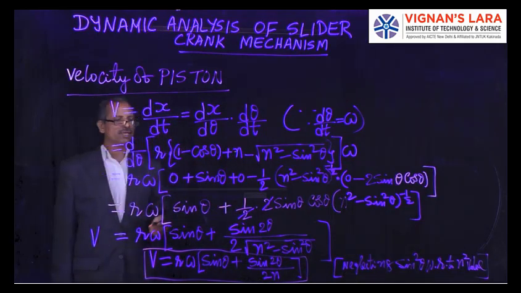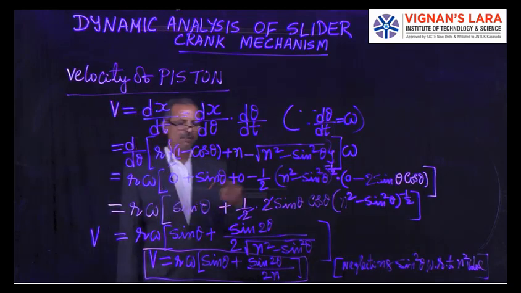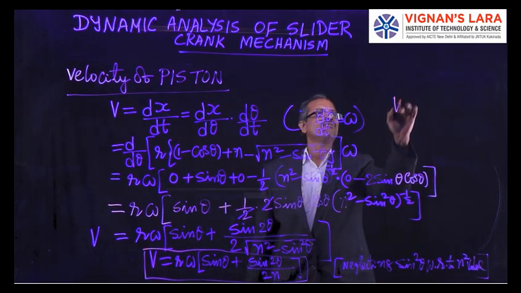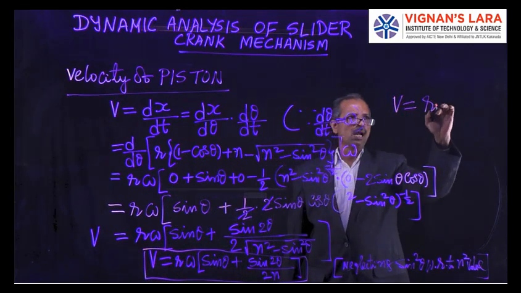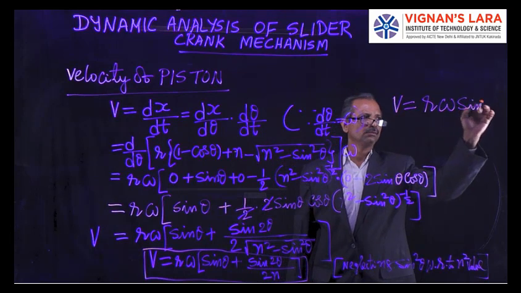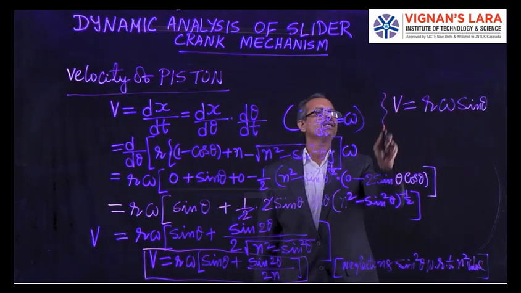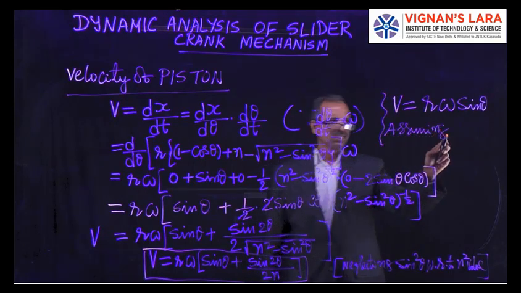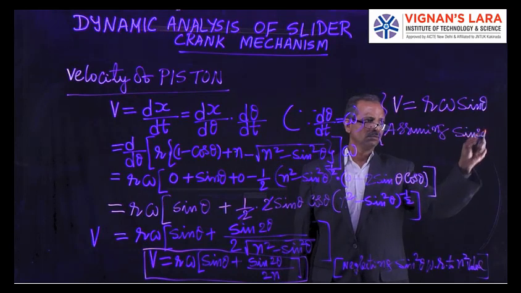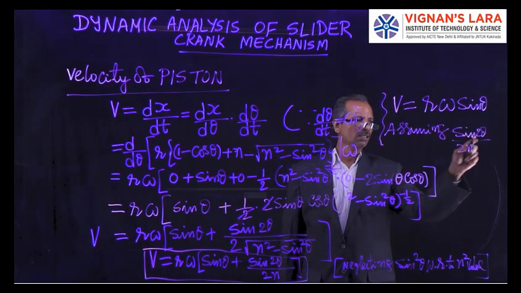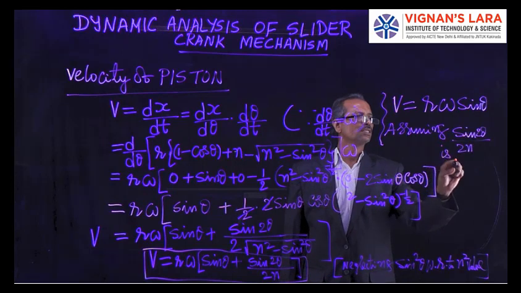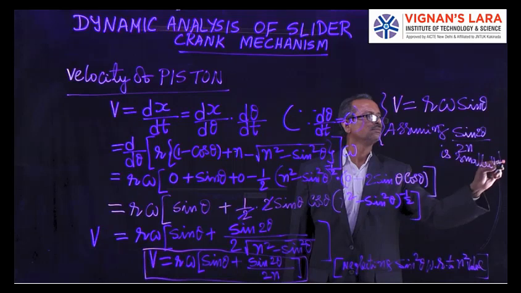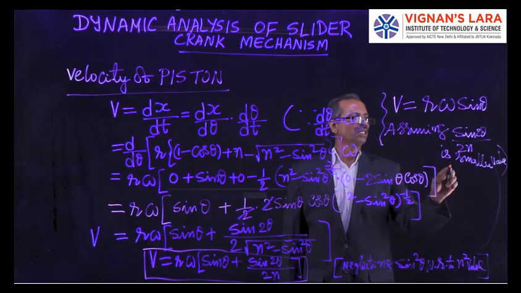Okay, or if you consider even sine 2 theta by 2n also a smaller value, then I can write V is equal to R omega sine theta, assuming sine 2 theta by 2n is a smaller value.